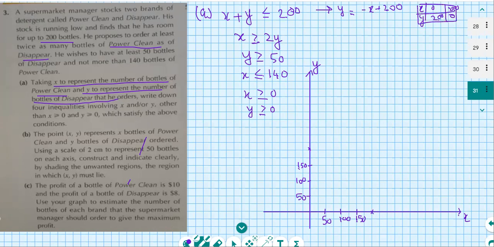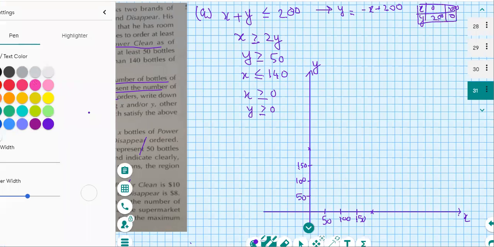Join these 2 points, we get a straight line. So this is the straight line.